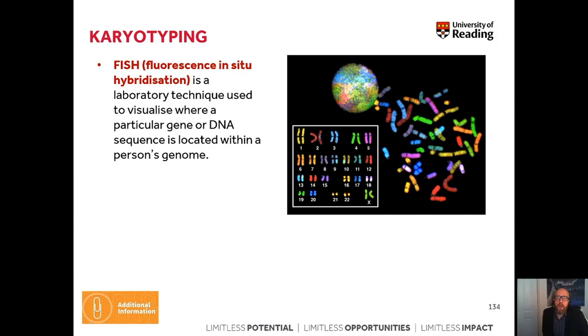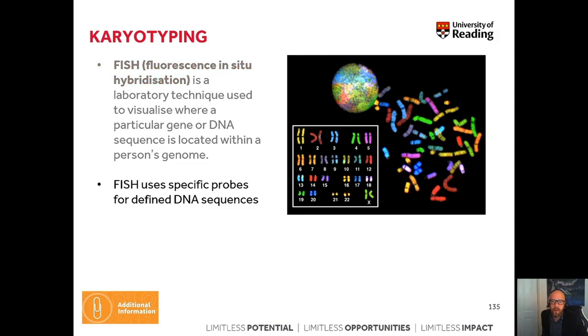There is actually another, more modern way of arranging chromosomes into karyograms, and this method is called FISH, or fluorescence in situ hybridization. This is a quite modern laboratory technique used to visualize where a particular gene or DNA sequence is located within a person's genome. FISH uses specific probes for defined DNA sequences.